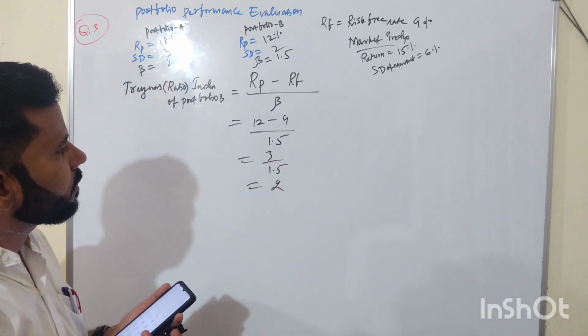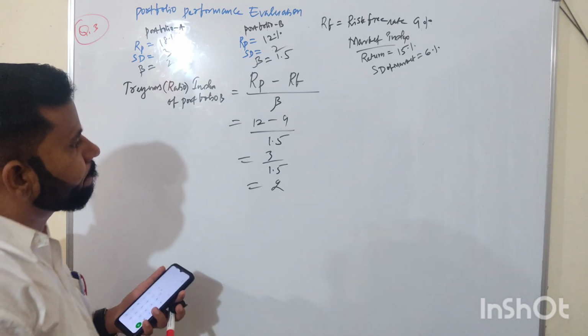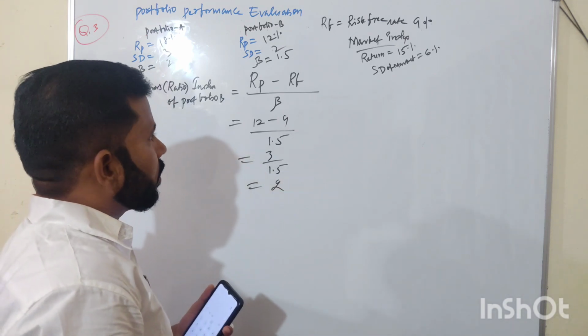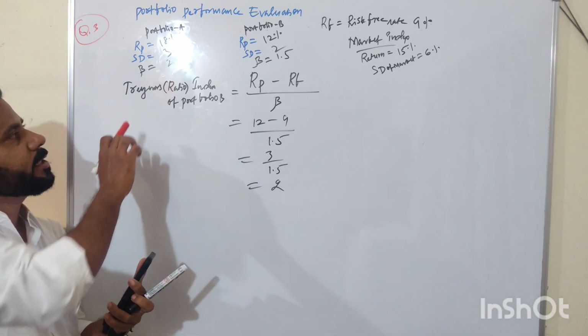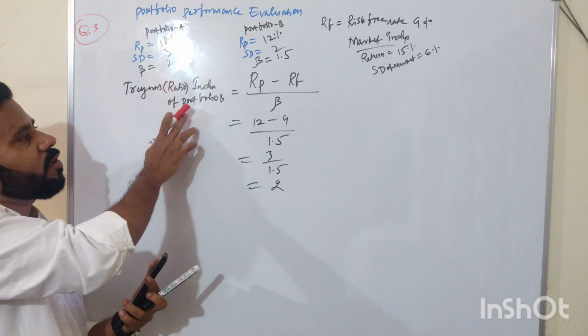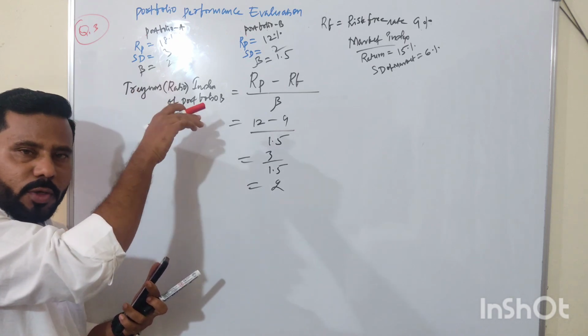Is it correct? Okay. So earlier, the Treynor ratio of portfolio A's answer was 4.5.